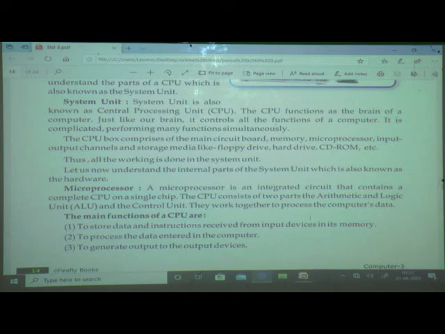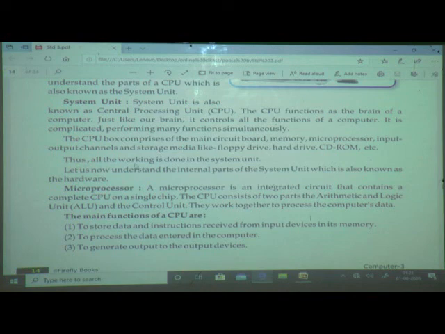The CPU has the main circuit board, memory, microprocessor, input or output channels, and storage medium, where we can store everything, like floppy disk, floppy drive, hard drive, or CD-ROM. These are also storage media.